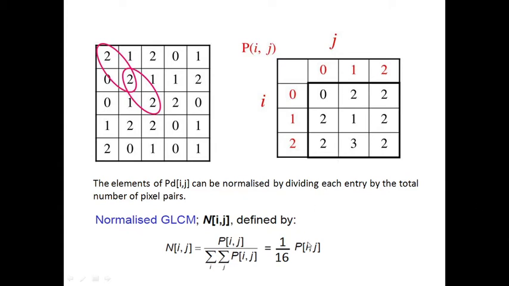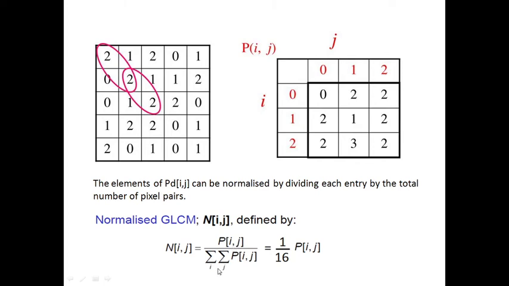The normalization is performed simply by dividing each entry by the total number of pixel pairs. So 0 plus 2 plus 2 plus 2 plus 1 plus 2 plus 2 plus 3 plus 2. If I perform the sum, I get 16. So each and every entry of the GLCM is divided by the summation of all the elements, and I get the normalized GLCM.